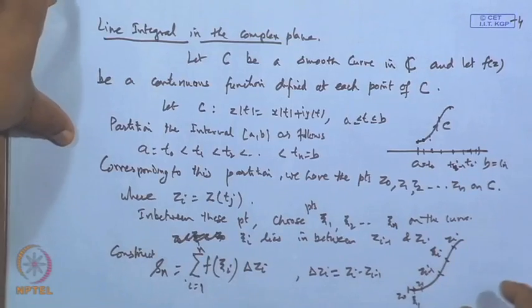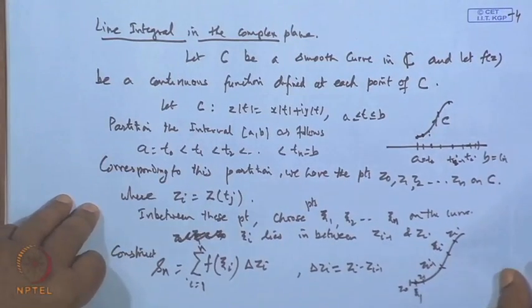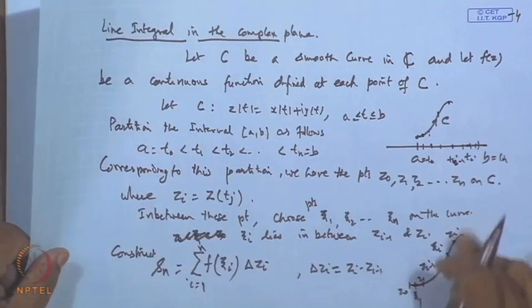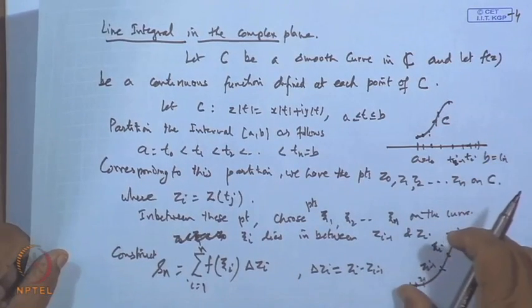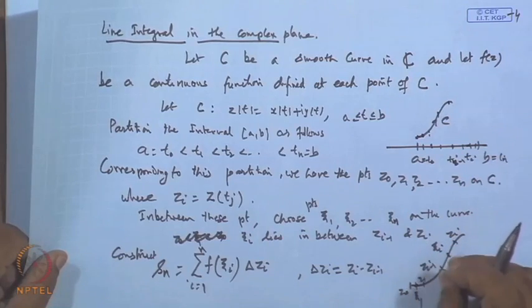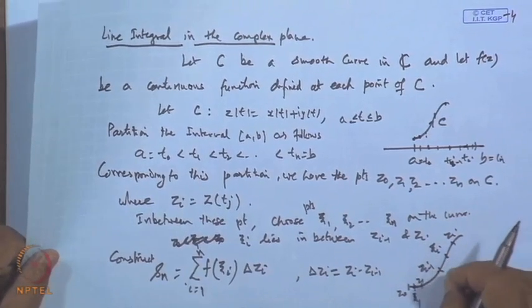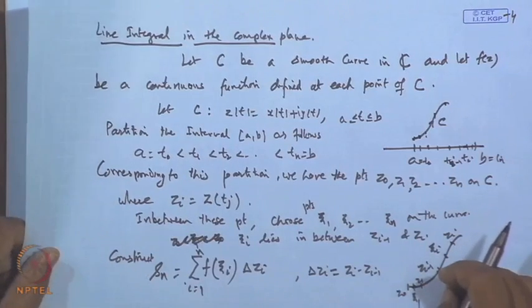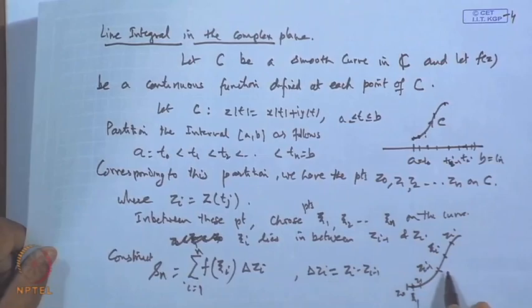Now, once you keep on increasing the partitioning points between a and b, the corresponding points on the curve are very close, and we take the limit when n tends to infinity, or when the maximum of |Δzᵢ| goes to 0.